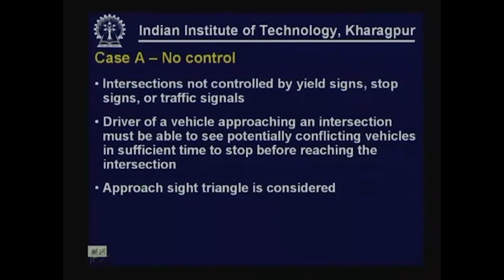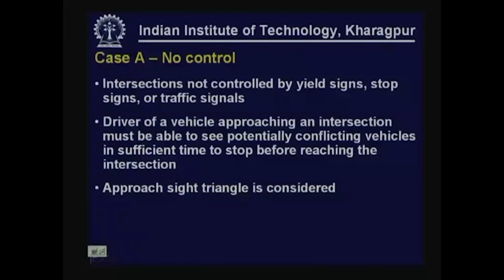So, in a no-control intersection, vehicles are free to approach the intersection area, but when a vehicle is approaching an intersection area, it must be able to see potentially conflicting vehicles on other roads with sufficient safety margin, so that the vehicle, if necessary, should be able to stop before colliding with other vehicles within the intersection area.